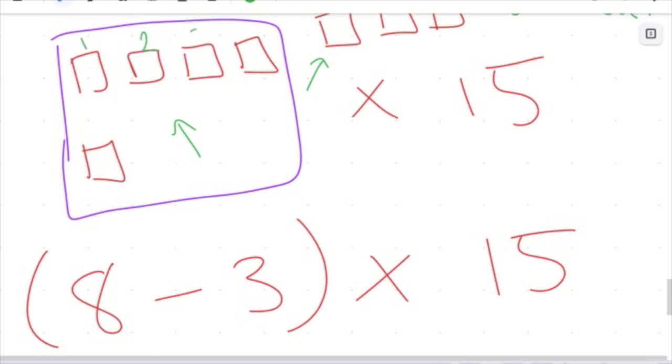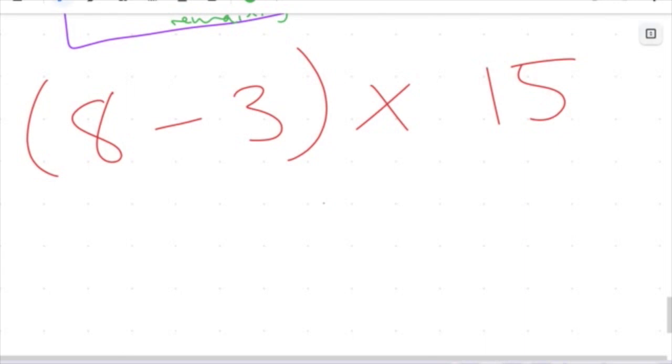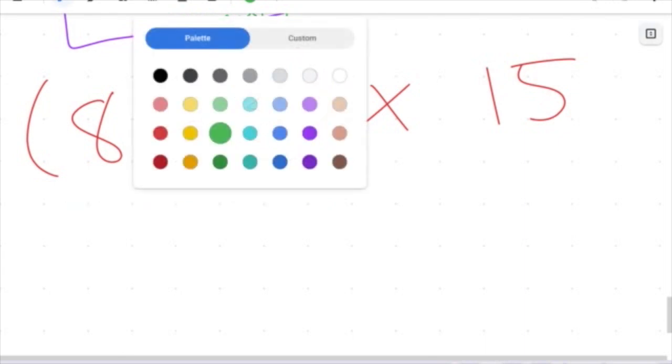Here I can even count them. 1, 2, 3, 4, 5 books remaining. So I am doing my subtraction first because of how we broke down the question.